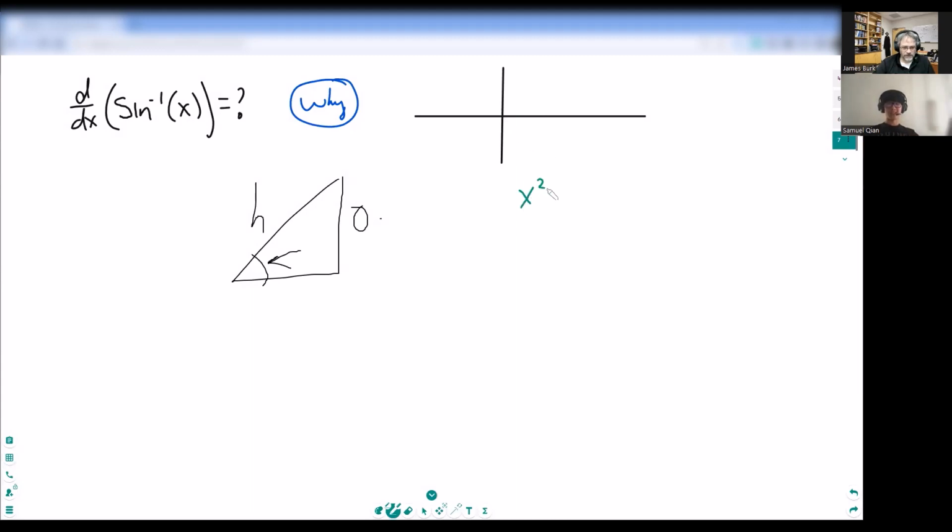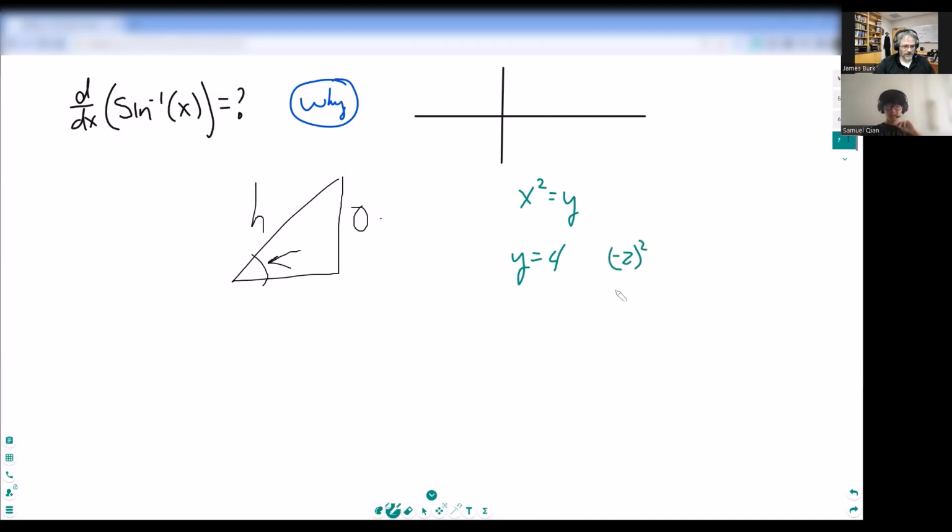Let's say if I had y equals x squared, and let's say y equals 4, what's x? Um, x would just be 2. Sorry, x is 2 or negative 2.